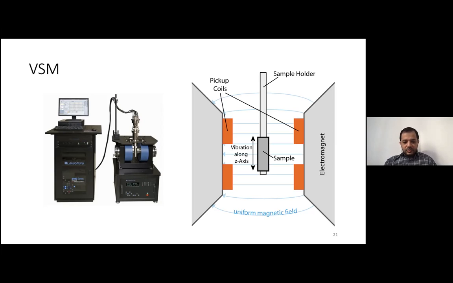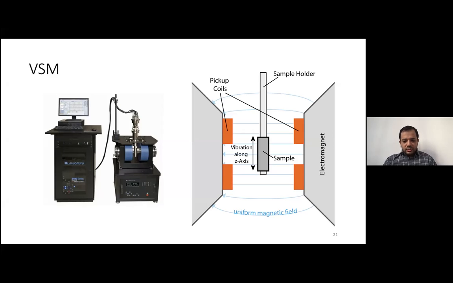And at the same time, the sample starts to vibrate at a specific frequency, and there are these little orange things that I put in this slide. These are the pickup coils around the sample that pick up the changes in voltage as the external magnetic field increases from 0 to positive and then negative numbers.